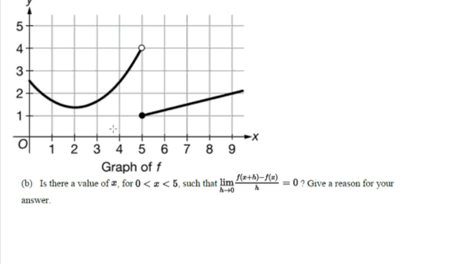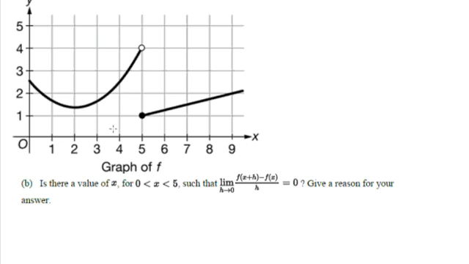All right, now part B. We need to recognize this as the definition of the derivative, which is the slope of the tangent line. So if we interpret this as to say, is there a value of x between 0 and 5 such that the slope of the tangent line is 0? And we also need to give a reason for our answer.